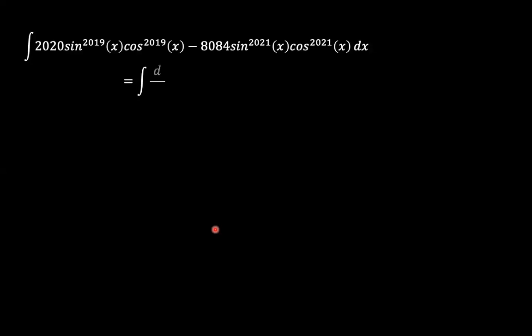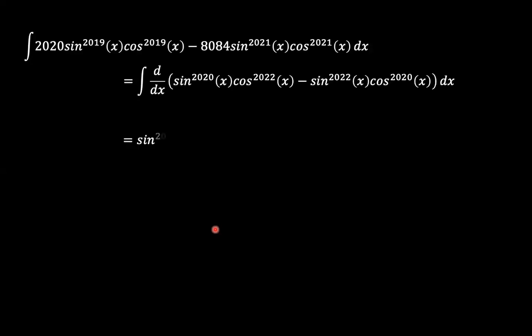So now our integration is sine to the power 2020x times cosine to the power 2022x minus sine to the power 2022x times cosine to the power 2020x plus a constant c. And that is the answer that was expected.